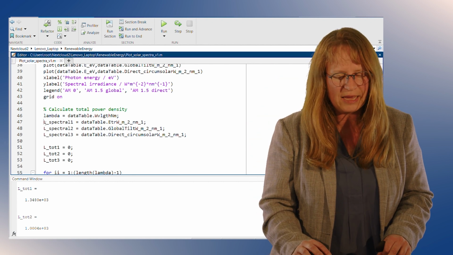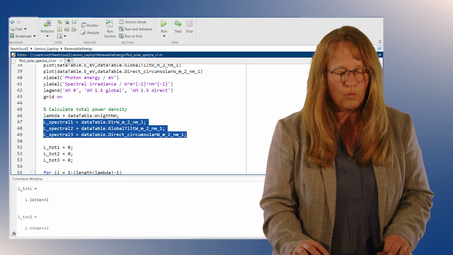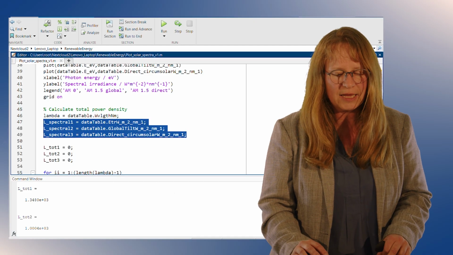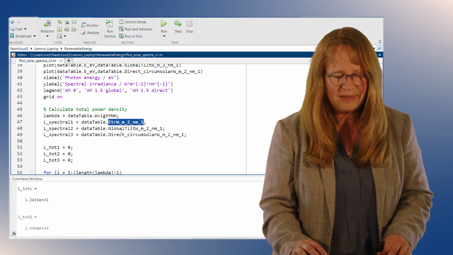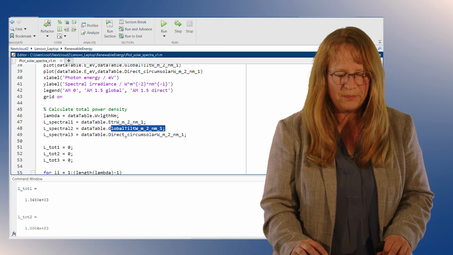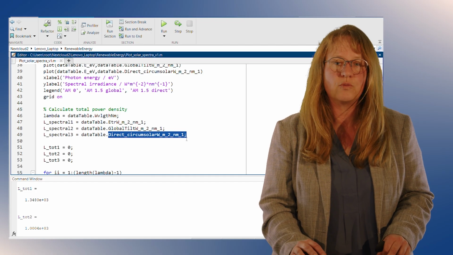Therefore, I first of all define variables L spectral 1, 2, and 3. These are the spectral irradiances. I use first of all the extraterrestrial spectrum. Then for the second one, the global tilt spectrum. And for the third one, the direct spectrum that we have.